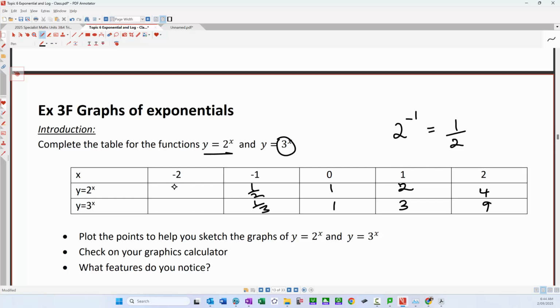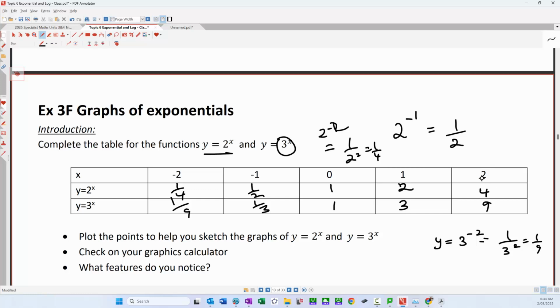And this one's going to be 2 to the negative 2, which is 1 over 2 to the 2, which is a quarter. This one is going to be a ninth. Again, for those of you not sure how I'm getting that, y equals 3 to the negative 2, which is the same as 1 over 3 to the 2, which is 1 over 9.